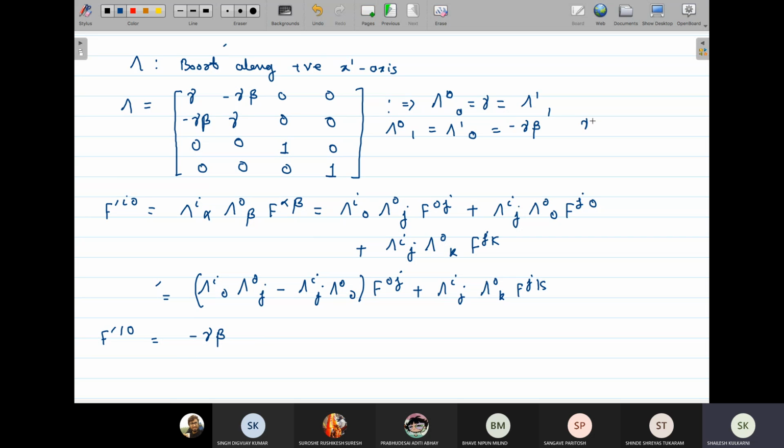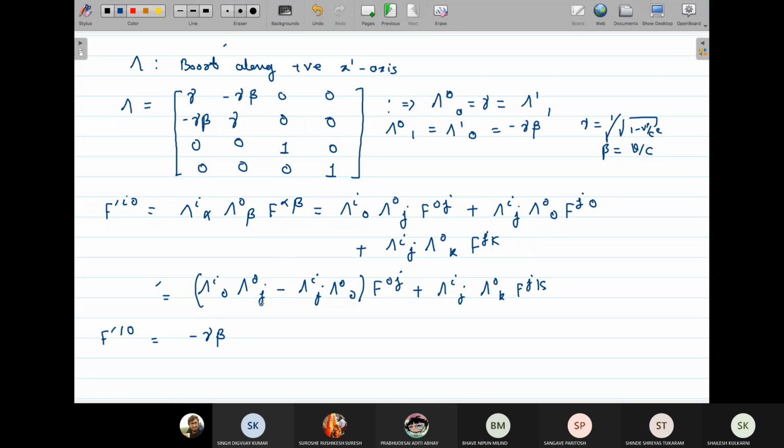And remember, gamma is 1 over the square root of 1 minus v squared over c squared, and beta is equal to v by c. With i equal to 1, j is summed over. What can this j be? j cannot be 0 because it is a spatial index. So j can be 1 or 2 or 3.